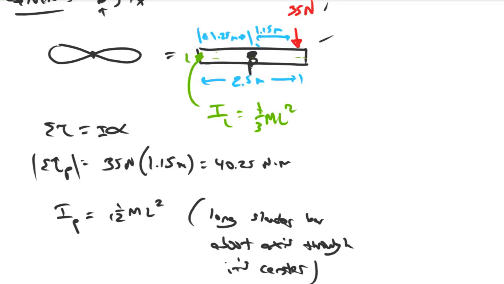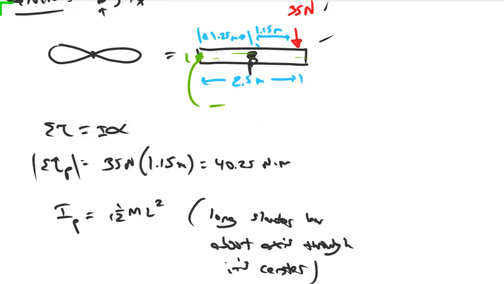This 1/3 is 4 times 1/12, and on average all the mass is twice as far away, and then that's squared, so it's actually 4 times the inertia.